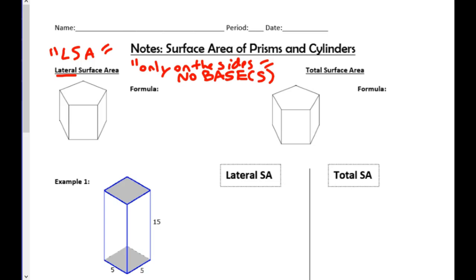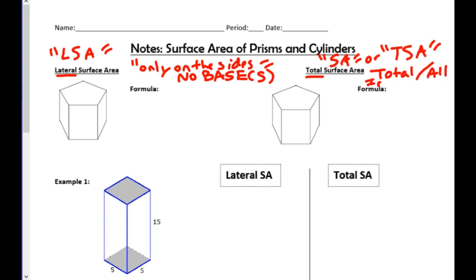Take a wild guess. What do you think total surface area includes? The surface area of not only the lateral, but also the top and bottom, the bases, okay? So total is total. Now, usually we just say SA or TSA for total surface area, right? But it's going to be total. It's going to be all.